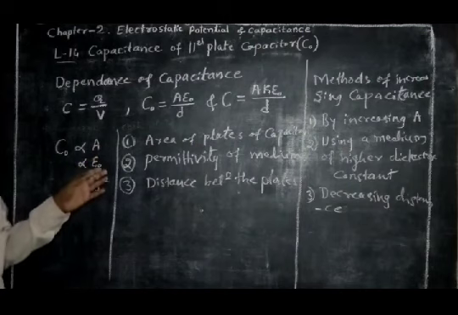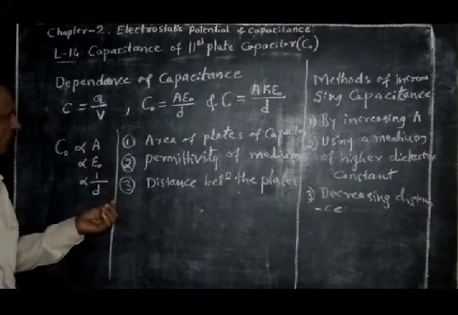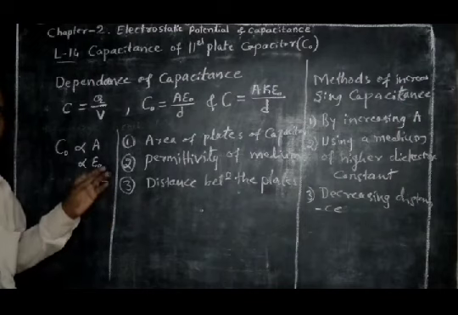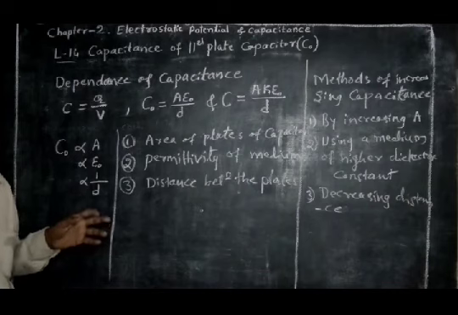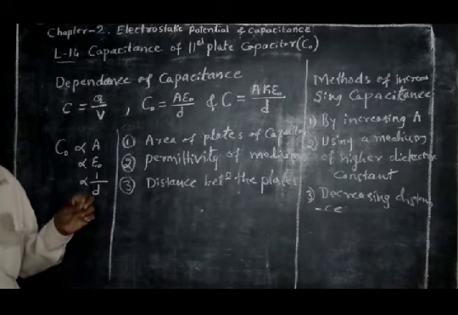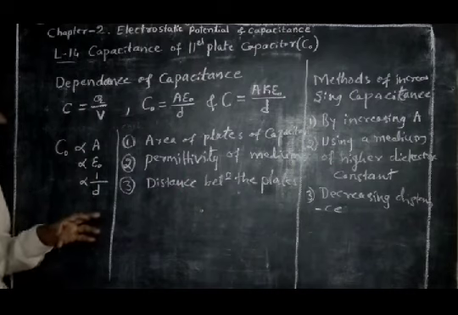Therefore, you have to extend capacitance of parallel plate capacitor with air medium to dielectric medium, and that is C equals A epsilon upon D or A K epsilon naught upon D.